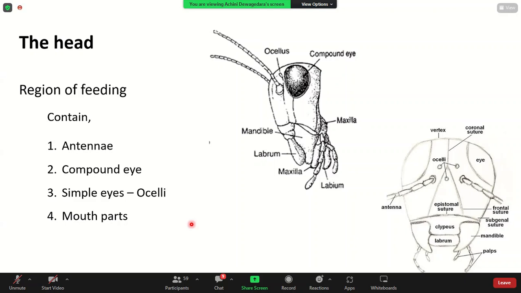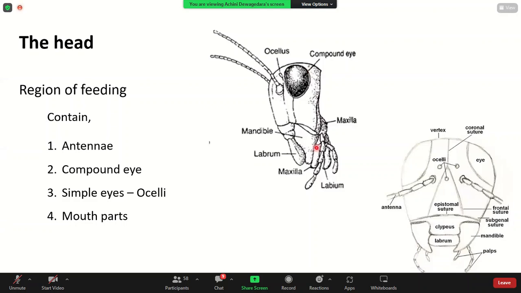When an insect feeds, it uses its head mainly because of the mouth parts available. And there are many other functions performed by the head. So we will see one by one, right? There are different structures present in the head: antennas, compound eyes, simple eyes, and mouth parts. Those are the main structures present in the head.